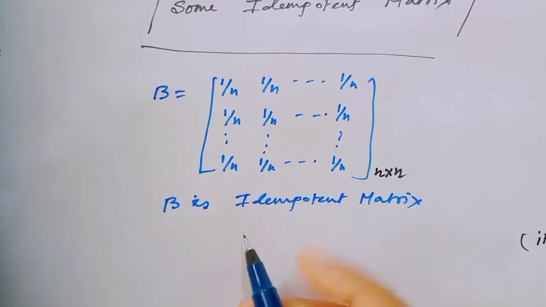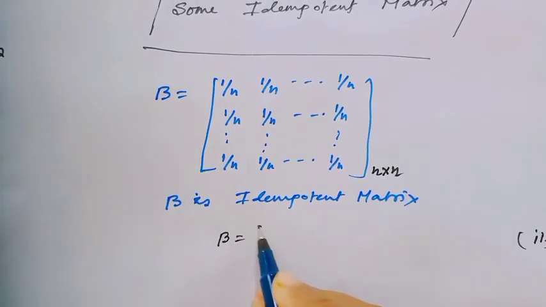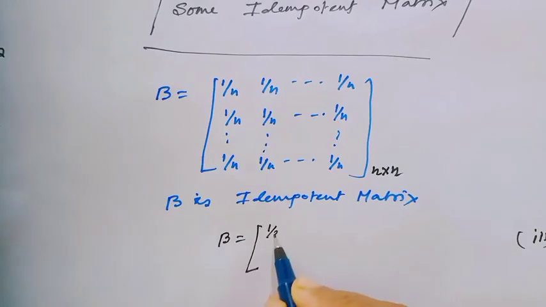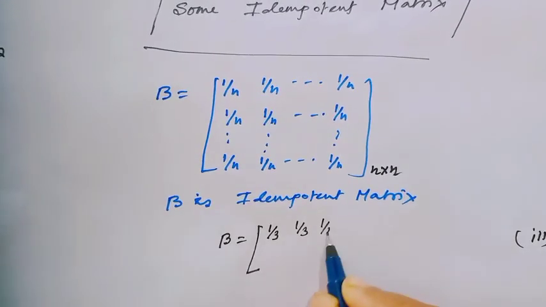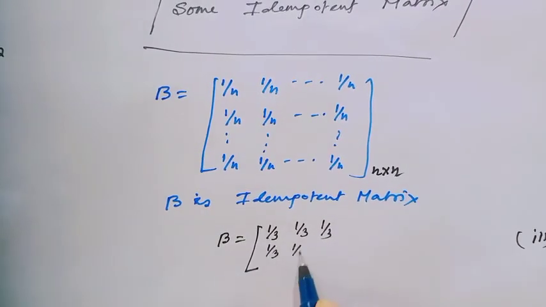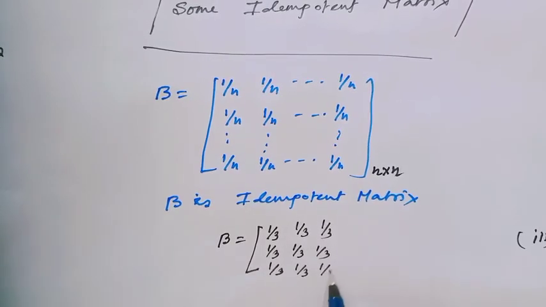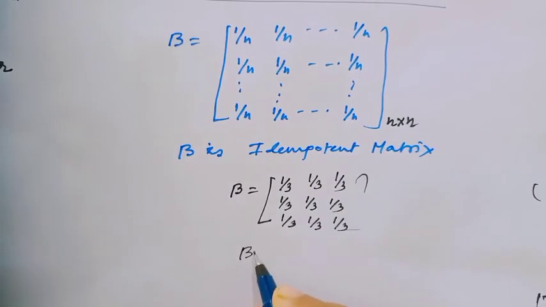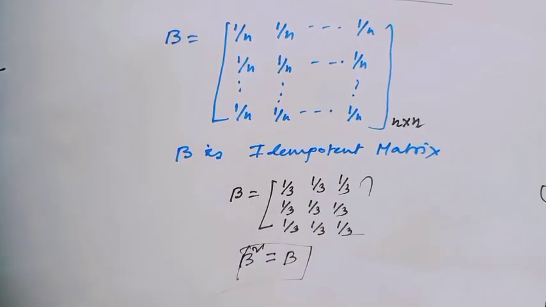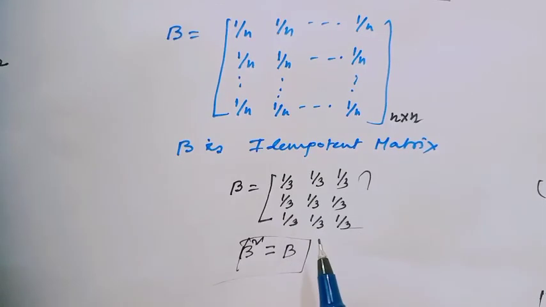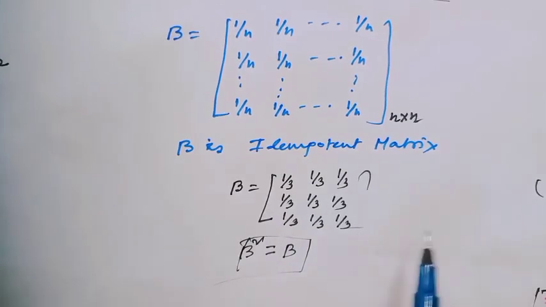That means if we consider a 3 cross 3 matrix with all entries 1 over 3, just evaluate it, and always B square equals B. And this is true for all n.